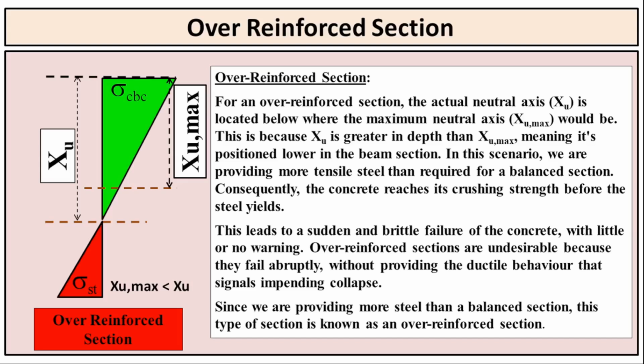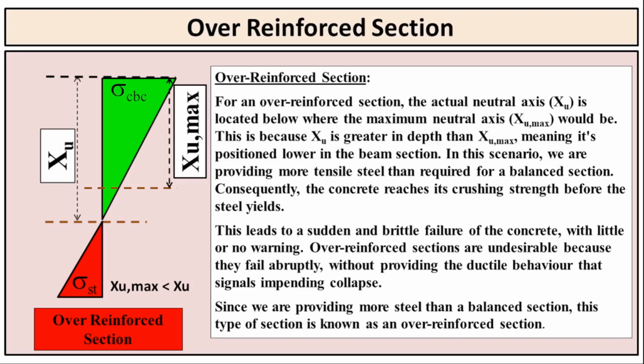under-reinforced sections are designed to fail by steel yielding, providing a warning, while over-reinforced sections fail by concrete crushing, leading to a sudden and dangerous collapse. Design codes generally prefer under-reinforced sections to ensure safety.